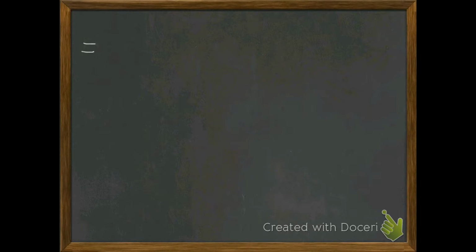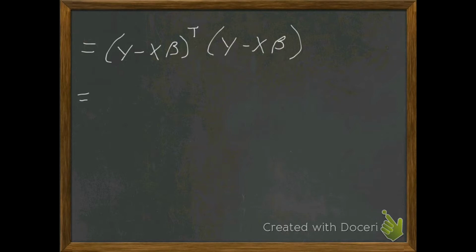Now again, in multiplying y minus x beta transpose times y minus x beta, we have to pay attention to order. Using FOIL, did you ever think you'd use FOIL in a graduate level math class? Anyway, you're going to. So here we have y transpose, we have to put it first because it's from the left, times y.